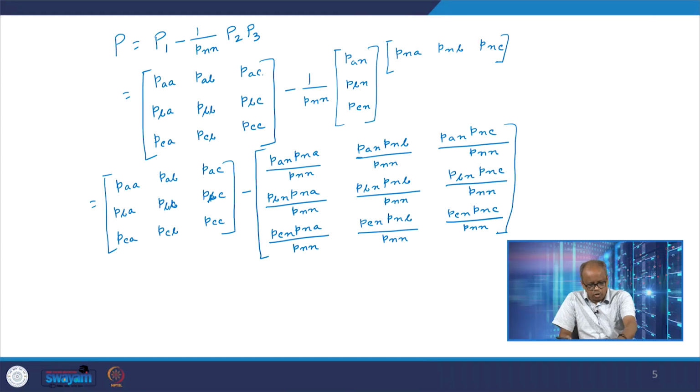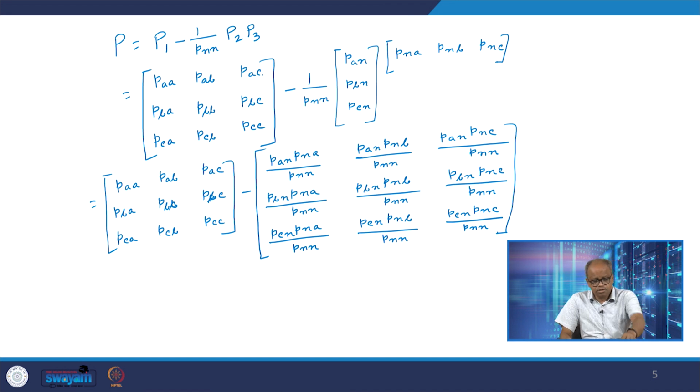So all the terms of this final P matrix would be reduced as compared to the original values of PAA, PAB, PAC, PBA, PBB, PBC, PCA, PCB, PCC, right, because these will be less.